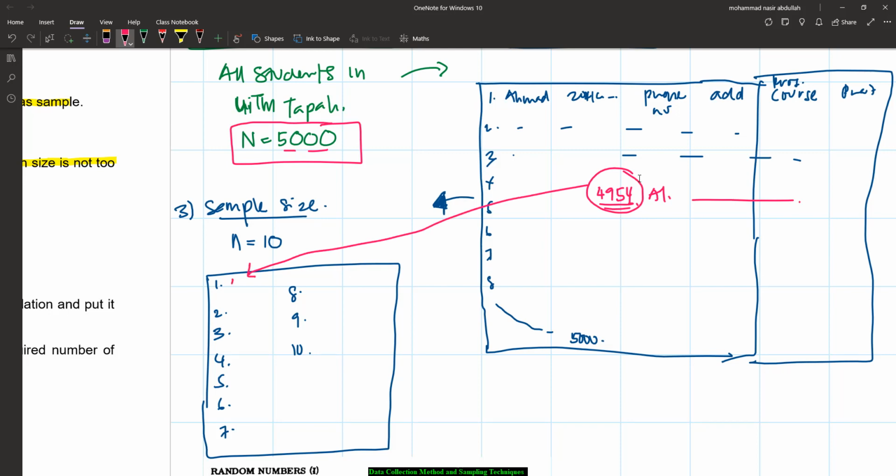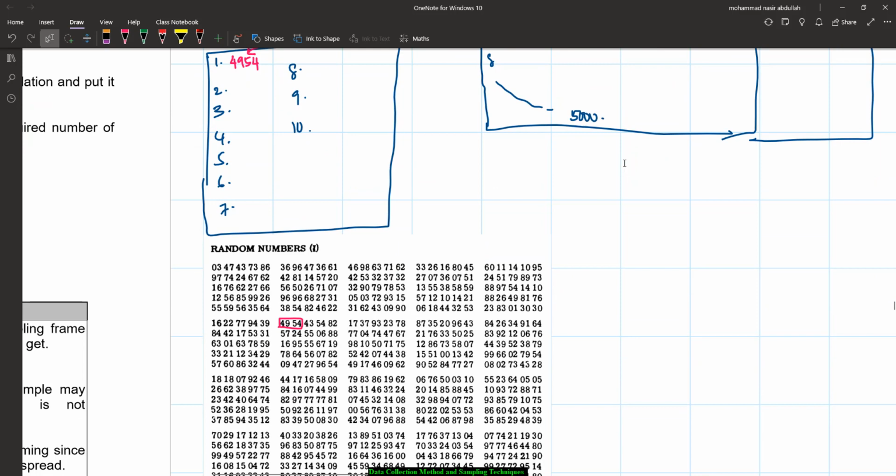So the first sampling unit to be selected is the member in the population number 4954. Can you understand? The second member will be 5724.